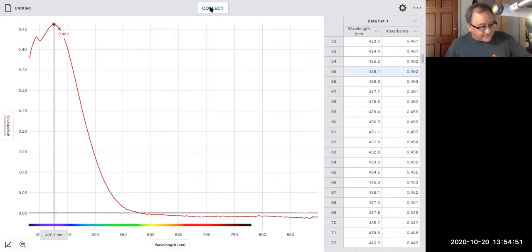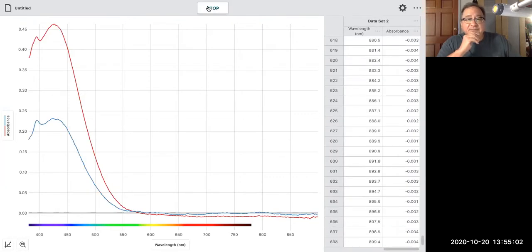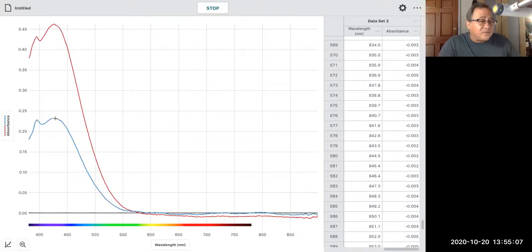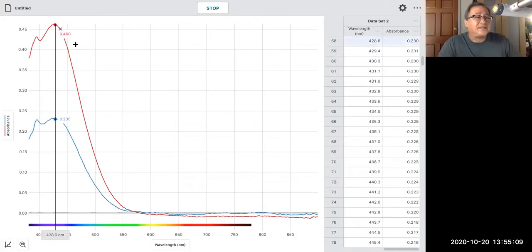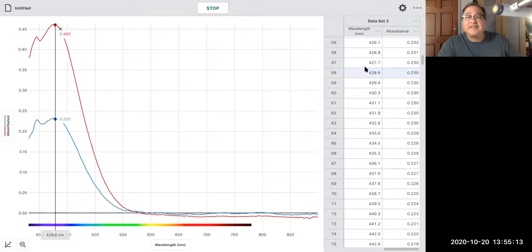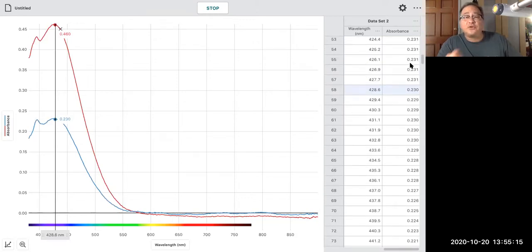So here is the next dilution. And for this one, the absorbance is equal to, let's see, we need to collect data. And I want to change the wavelength. I want the wavelength to be right there around 426. So 426.1, it's 0.231. 0.231 for the absorbance.